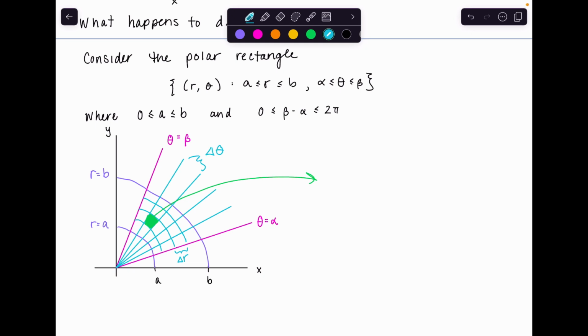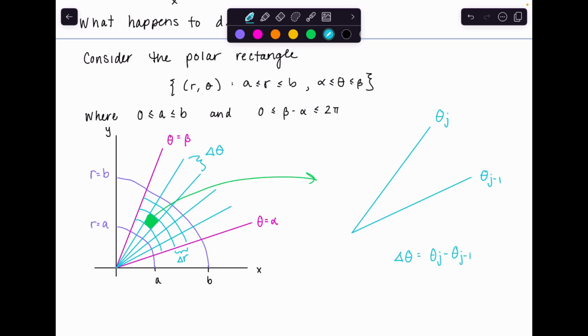So I'm going to do my best to draw this nicely, but what we've got going on is this slice. Okay. This is the smaller of the theta values. This is the bigger of the theta values. And the difference between them is exactly what we're calling delta theta. Okay, we've split that into those equal pieces.